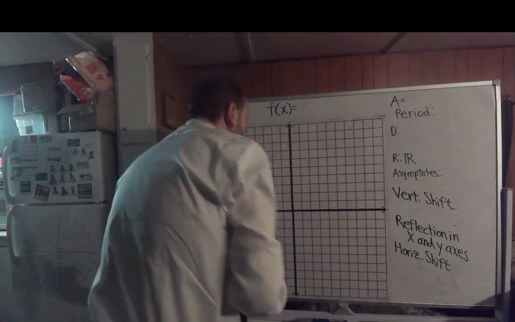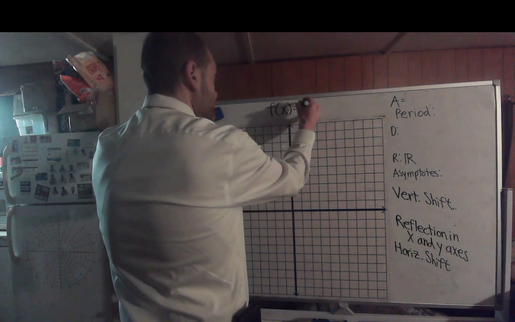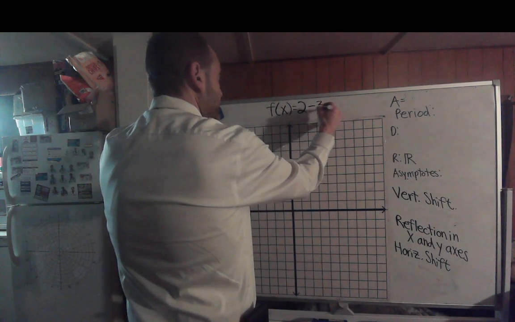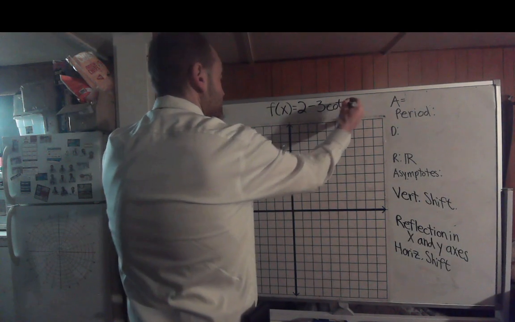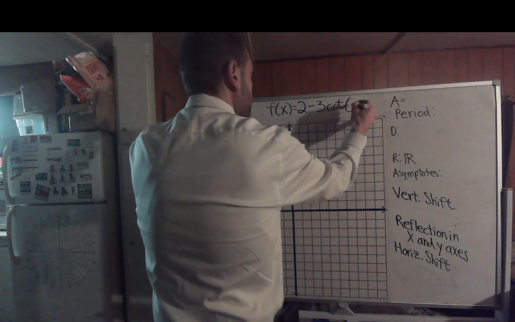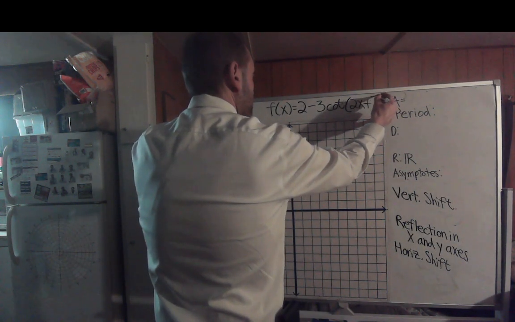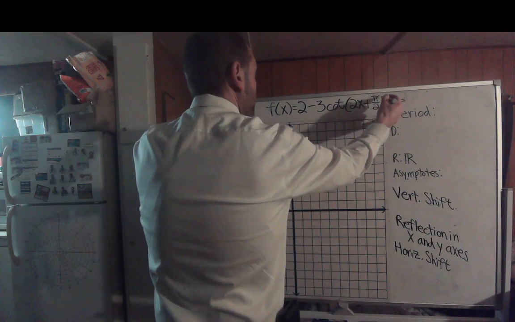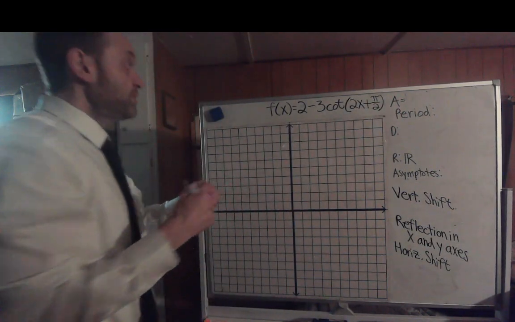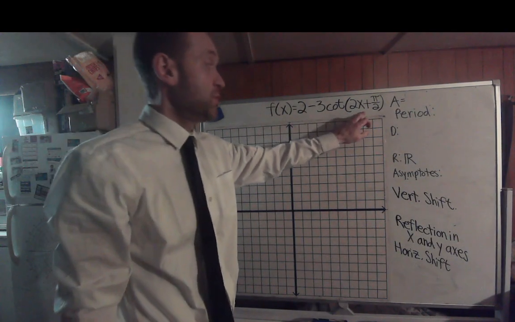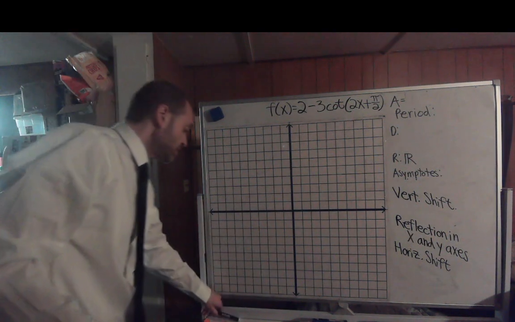Alright, f of x equals 2 minus 3 times the cotangent of 2x plus pi over 2.